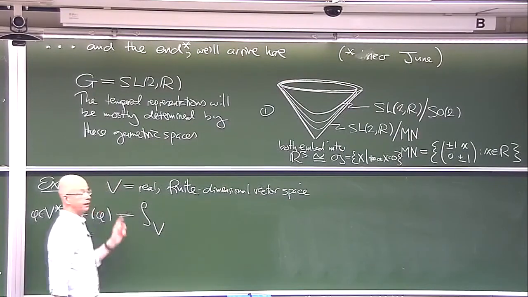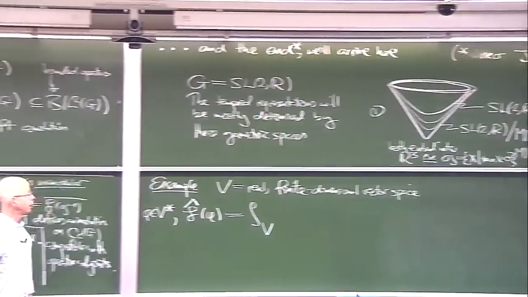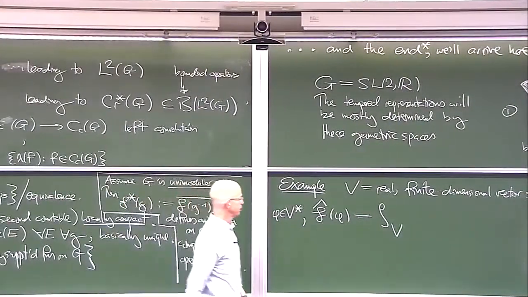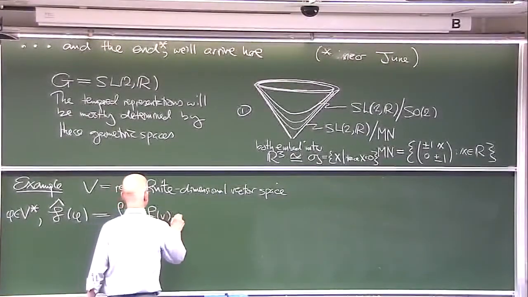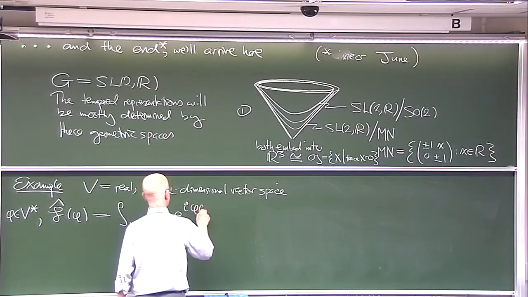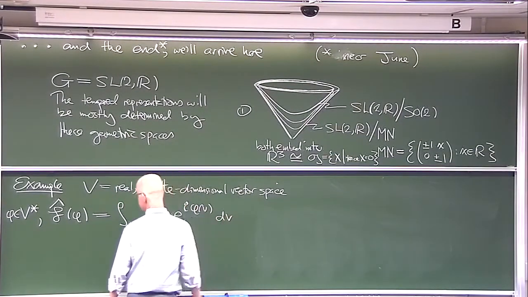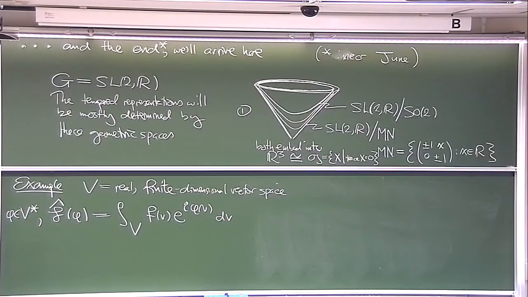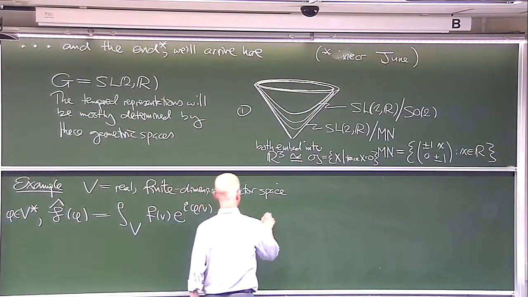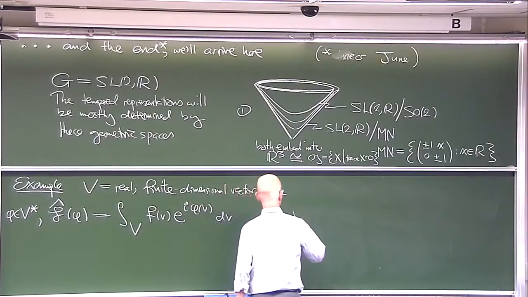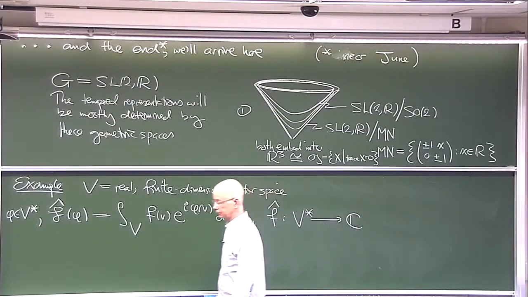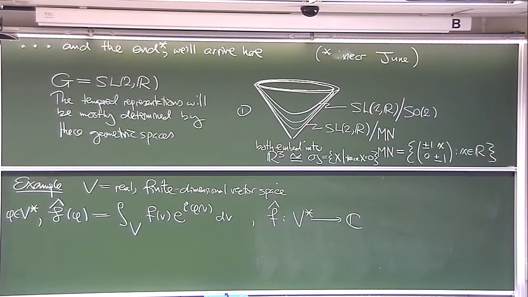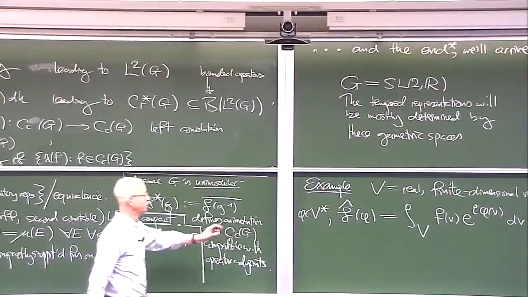So let's equip V. Let's pick a measure on V, a Haar measure on V, in other words, a copy of Lebesgue measure, and then form this. When I do that, I get a function, just to make sure we understand what's going on, on the dual vector space. This has been studied quite a lot, as you know.